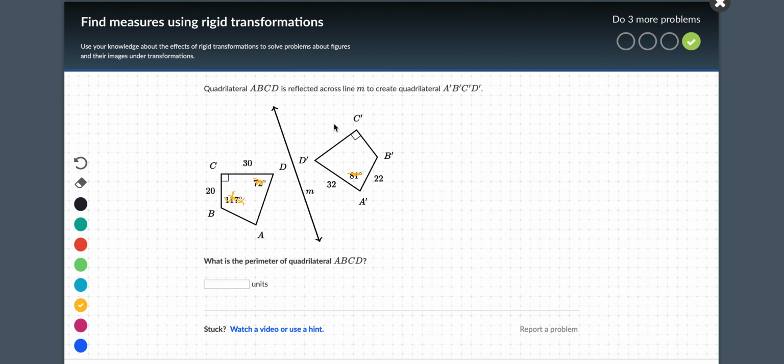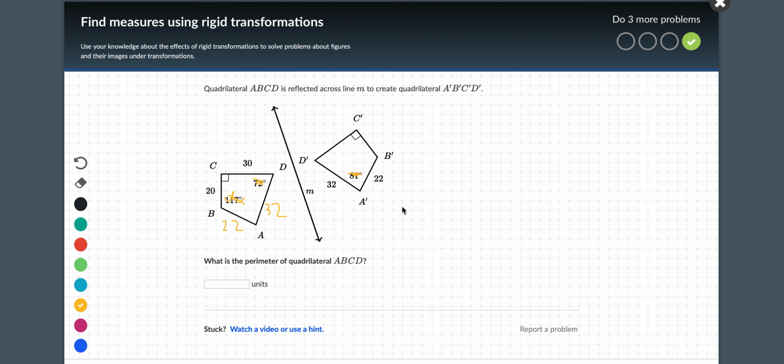It says that it's 30 and 20 on the two sides bordering the right angle, and on the two far sides, the longer one, which is between D and A, is 32, and the shorter one is 22. So it's pretty much that simple.